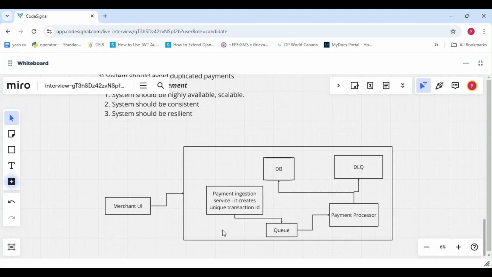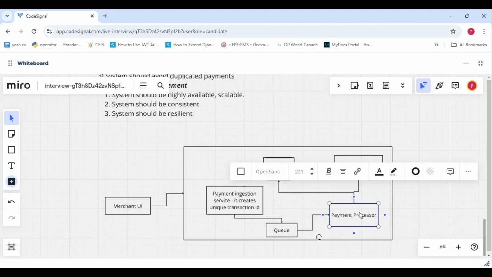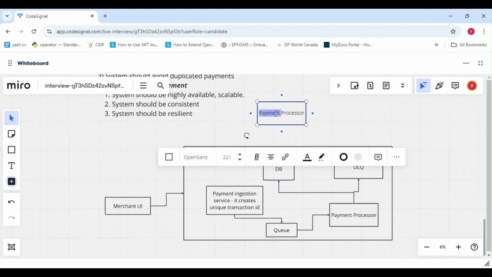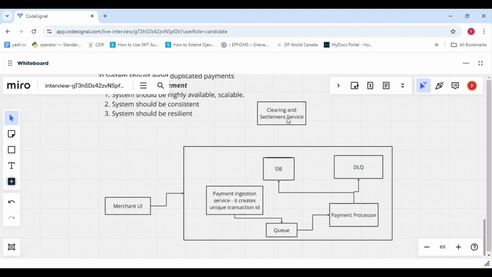Now the clearing and settlement service will pick the successful transactions from the database. So this is our system design.